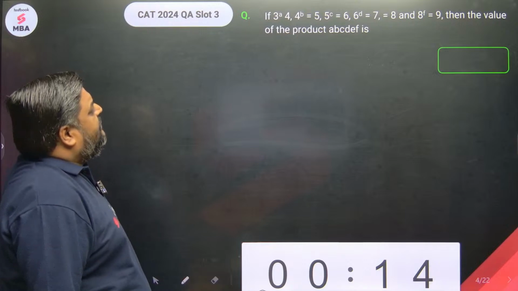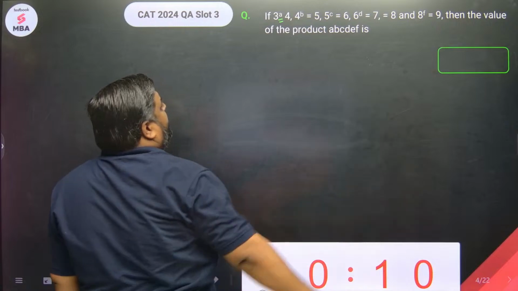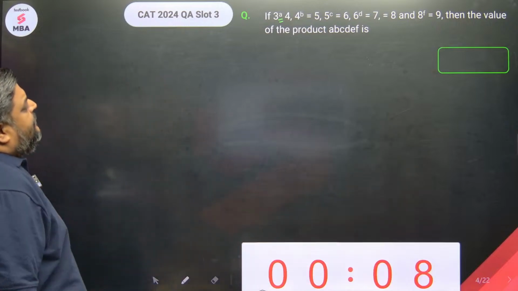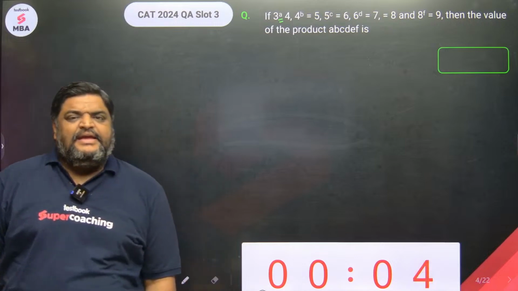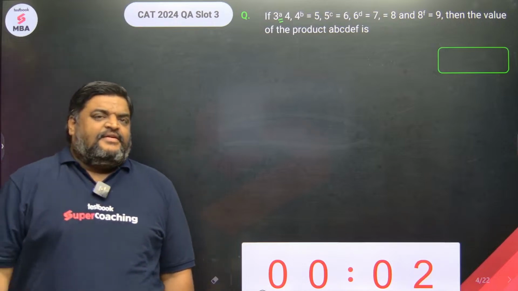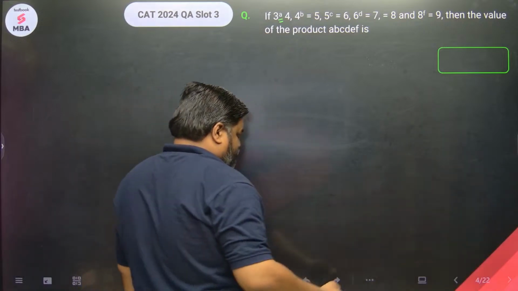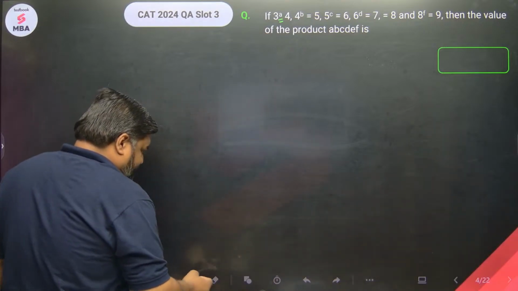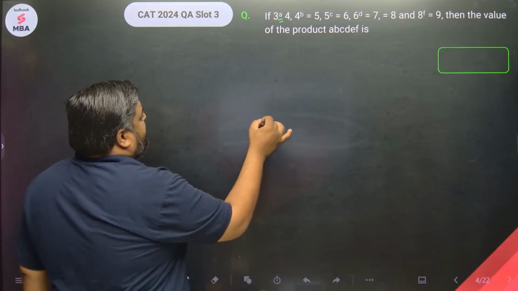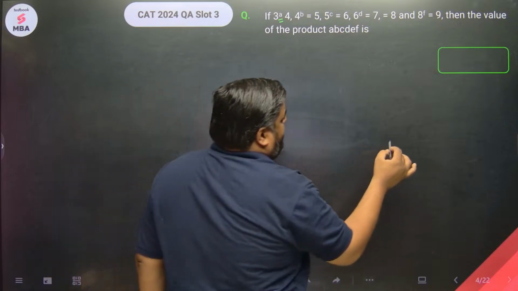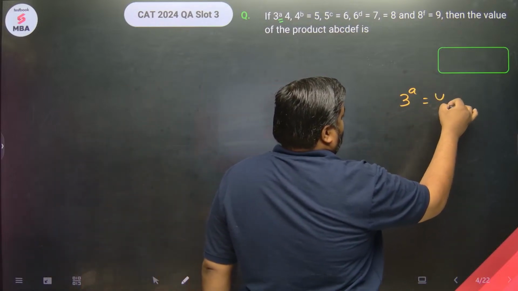If 3 raised to the power a is equal to 4, you have to find the product of a, b, c, d, e, f. चलो let's try this one. देखो what do we have? मेरे पास है 3 raised to the power a is equal to 4.